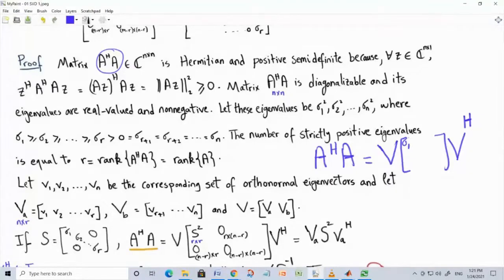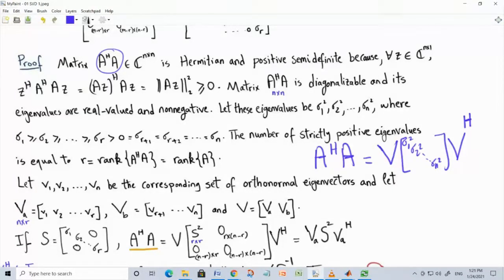So here are the eigenvalues: sigma 1 squared, sigma 2 squared, up to sigma n squared. Of course, A Hermitian A is of size n, but the rank of the matrix may be less than n.